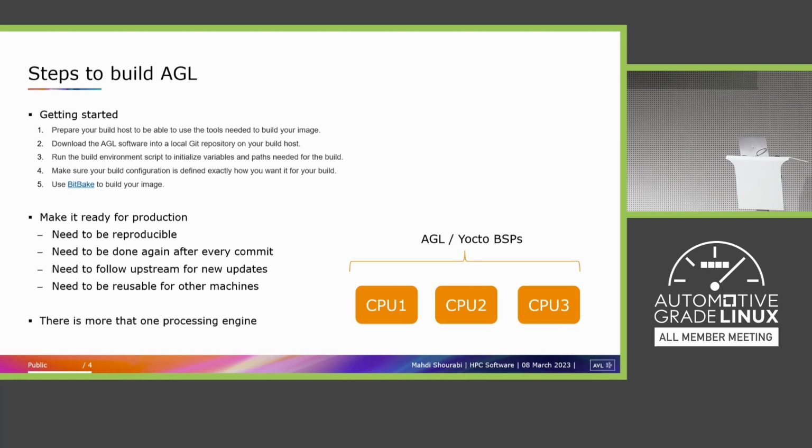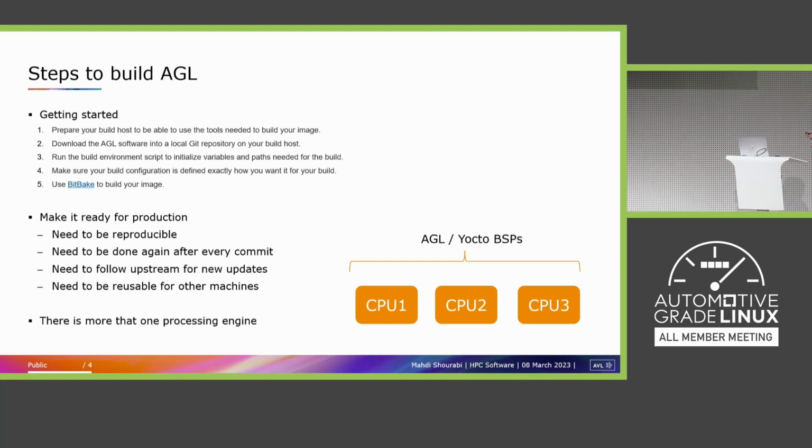And also one important thing is that currently the high-end automotive product ECUs, as we had in previous talks, are going to have multiple cores, with various vendors, and if you're using embedded Linux, you need to have a reusable infrastructure so that you can build for every machine that you're using in your products.